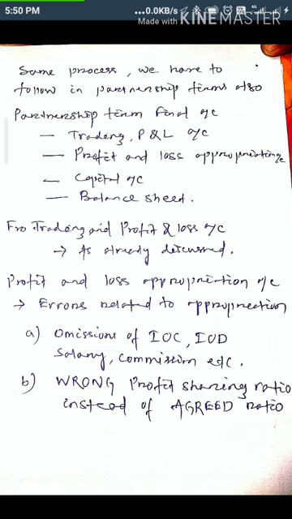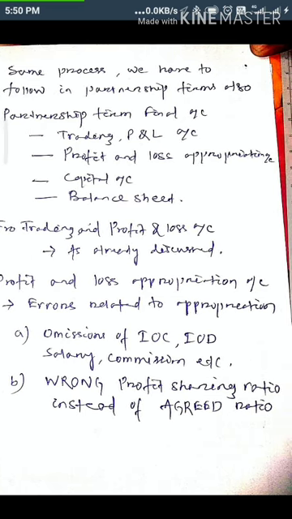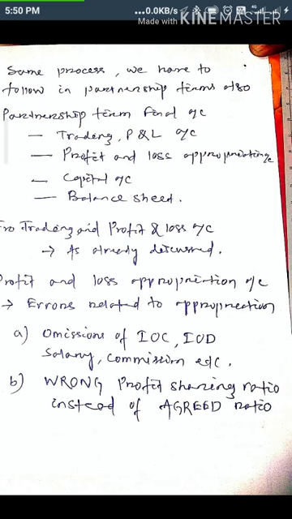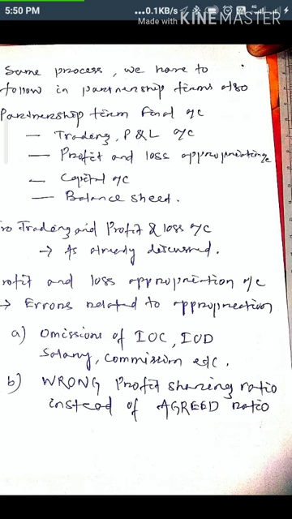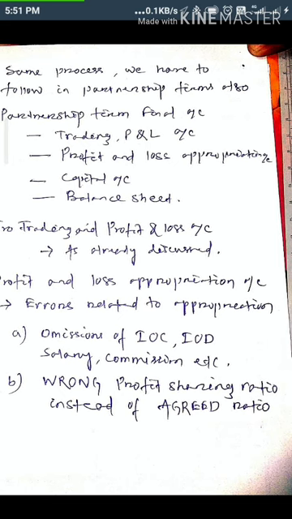If the partnership firm has omitted these things, they have not entertained them in their books of accounts, and they have distributed their profit, then to rectify the mistake we have to pass one single journal entry.